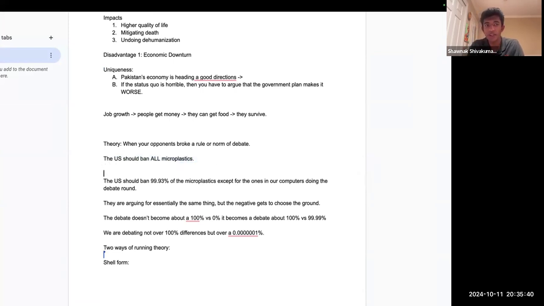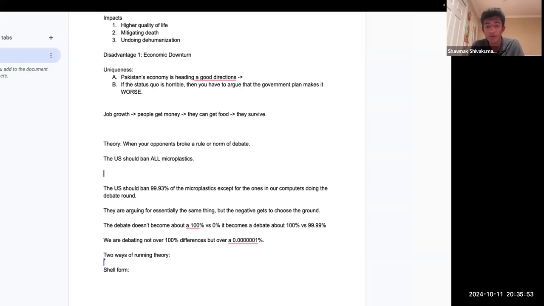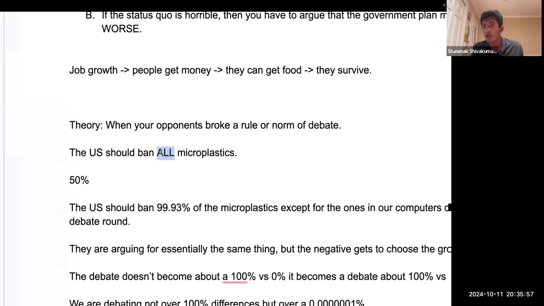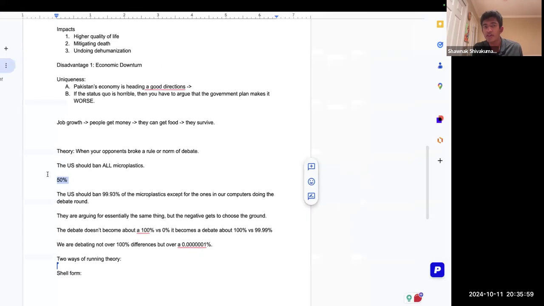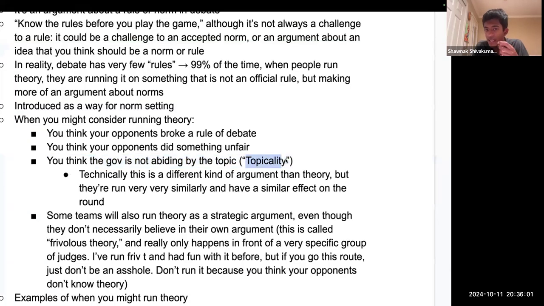There's a distinction between microplastics and plastics. Or maybe they do something that's not topical. Or they say, as the government, we will ban 50% of plastics. Well, the topic is all. So why are you banning only 50%? This is when you would run topicality.